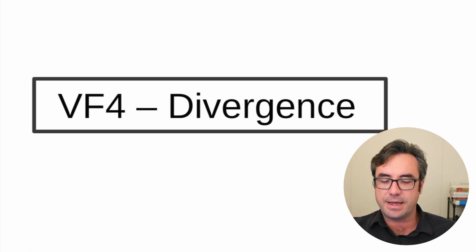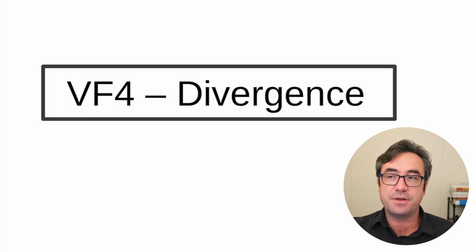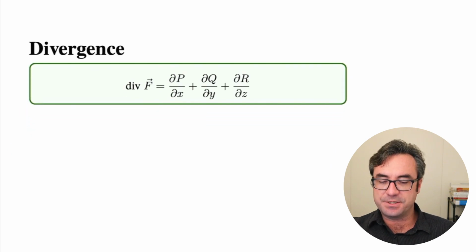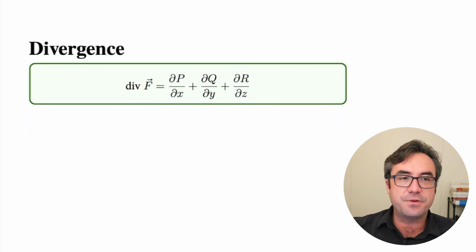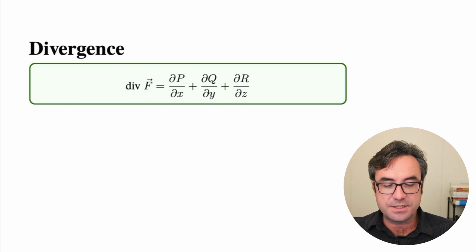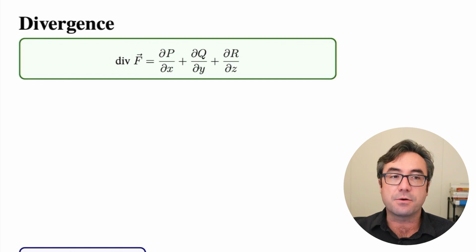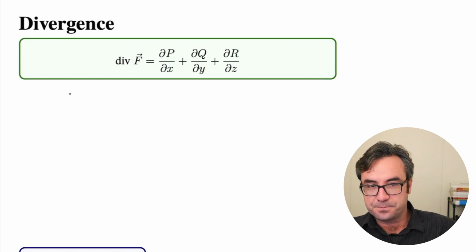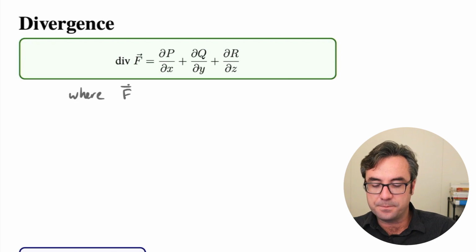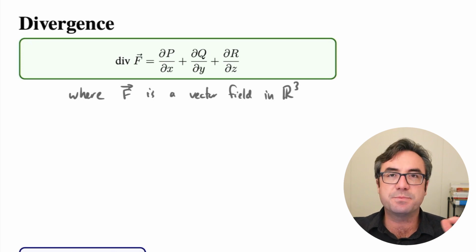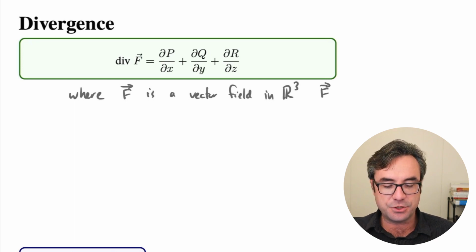Related to curl, kind of along the same lines, is this gadget. The next one we're going to be looking at is the divergence of a vector field. So the definition for divergence is we have this vector field F, and again, we're considering a vector field F defined in R3, so three-dimensional space, and it has component functions P, Q, and R, just like our definition for curl.